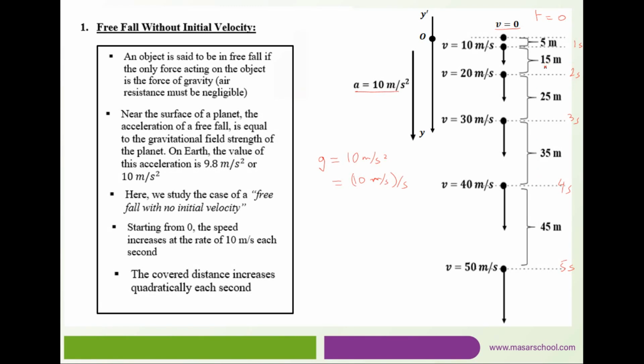Here we're not measuring the position with respect to the origin, but rather the covered distance for each time interval, and the time interval is 1 second. It's important to remember the numbers 5, 15, 25, 35, 45. Let me repeat, this is not the position measured with respect to the origin, but the distance between two positions separated by a second. Okay?